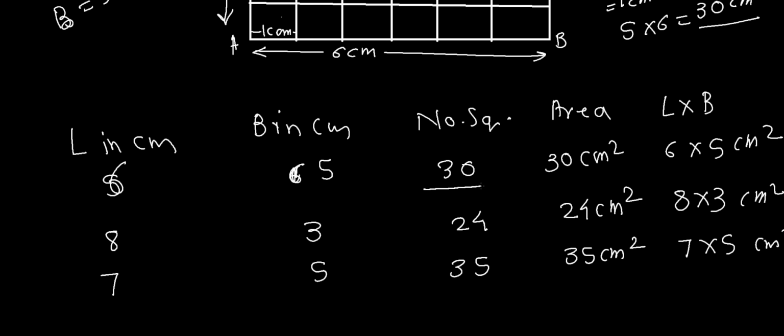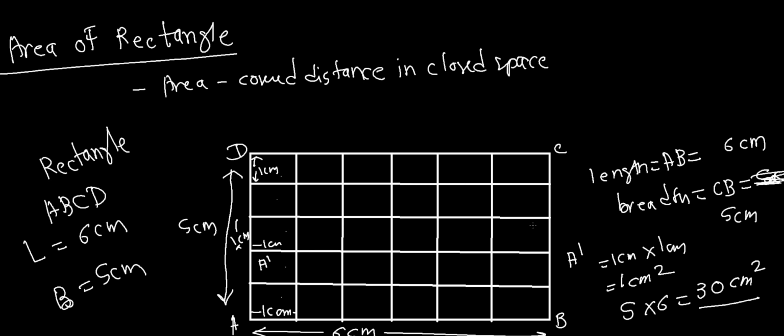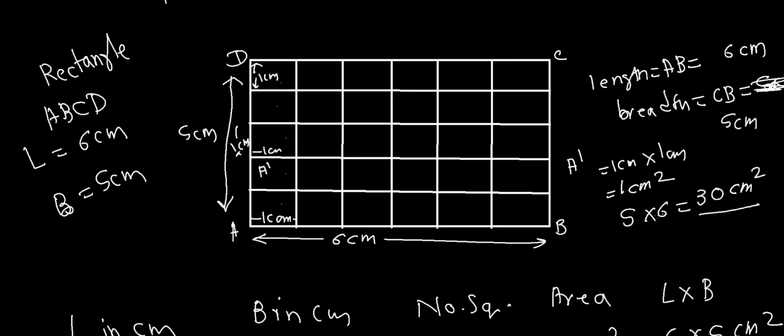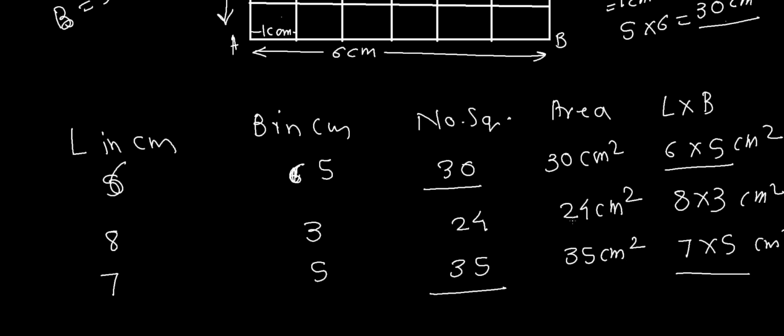The number of squares is exactly equal to length into breadth. Here we drew the squares first, 30 squares, and then observe that length into breadth is coming as the 30 squares itself.